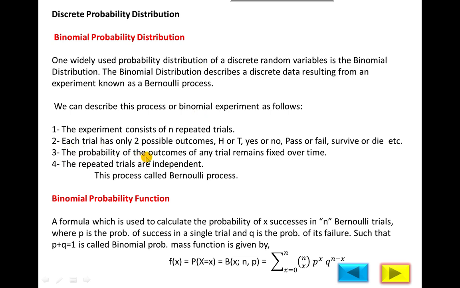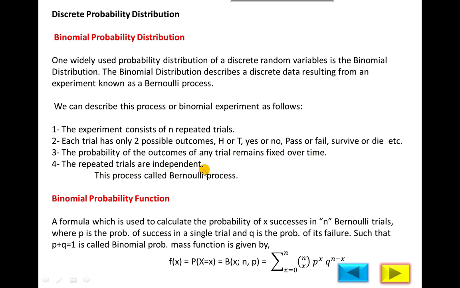Number three, the probability of the outcome of any trial remains fixed over time. The probability will be the same, a 50-50 percent chance, 1 upon 2, 1 upon 2, whether you throw a coin one time, two times or three times. This is a characteristic of the outcome of the variable. The chance of occurrence is fixed over time. If you throw a coin 2 times, 10 times or 1000 times, the chance will be the same, equal.